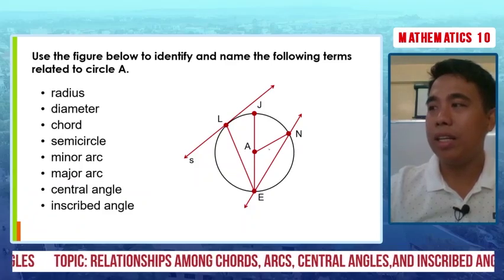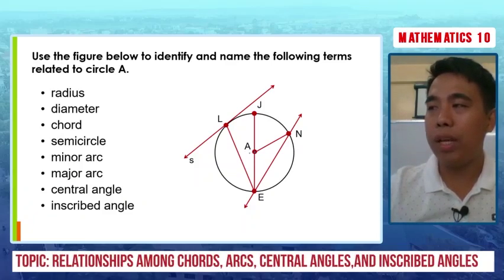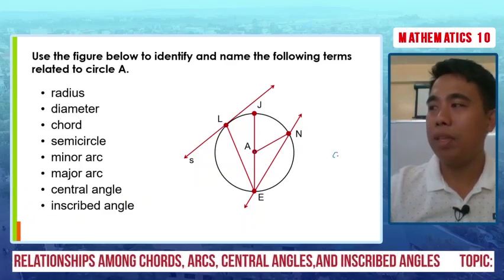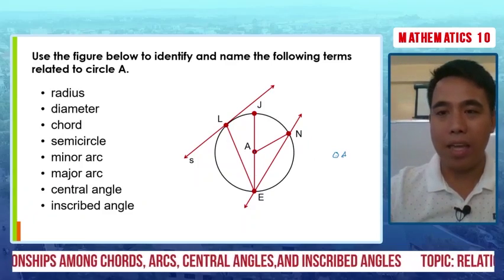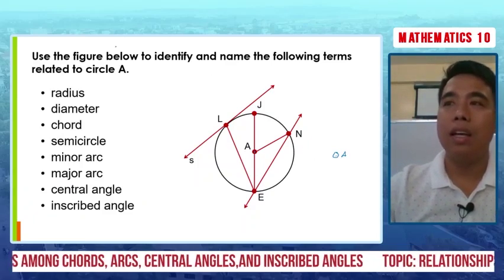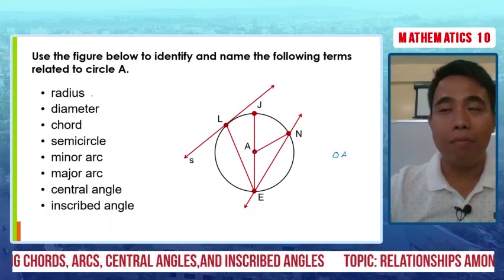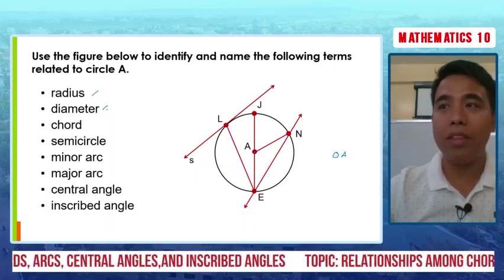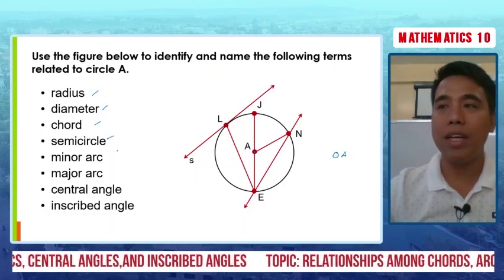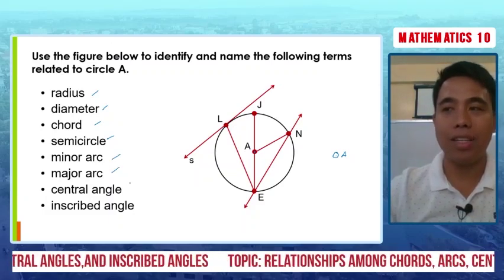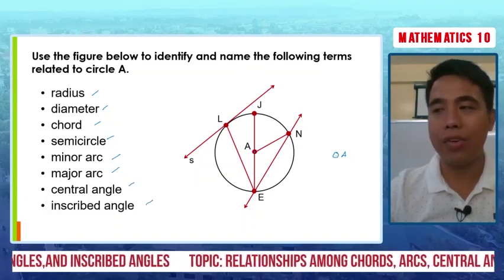So in here, the center is point A. Therefore, we name this as circle A. We're going to identify the radius, diameter, chord, semicircle, minor arc, major arc, central angle, and inscribed angle.